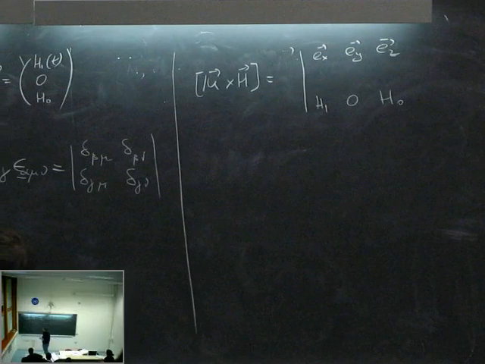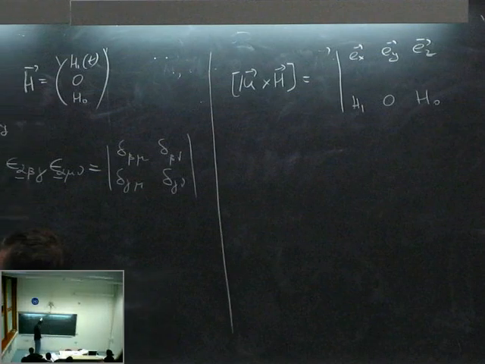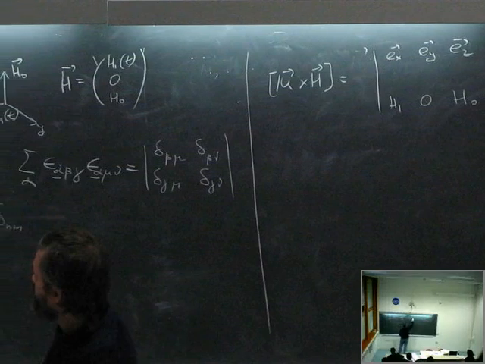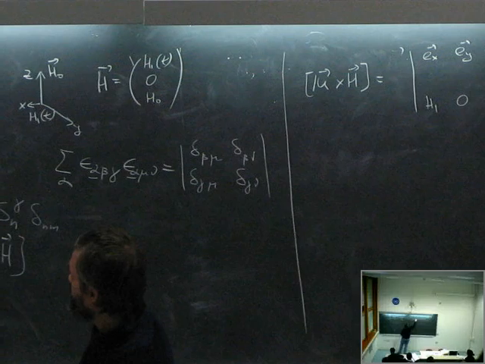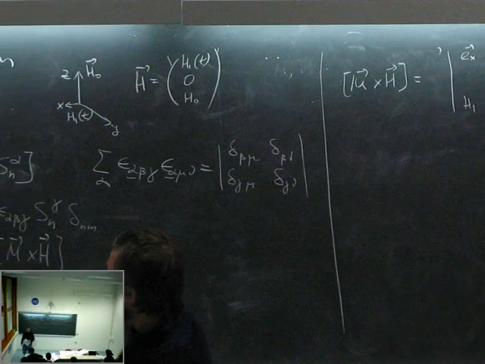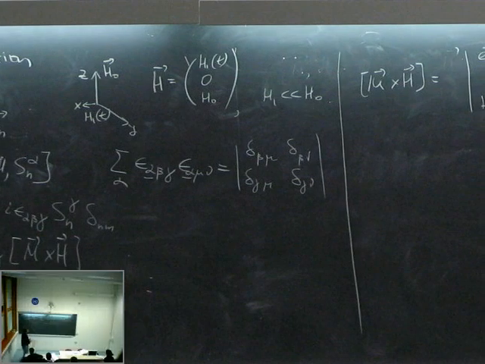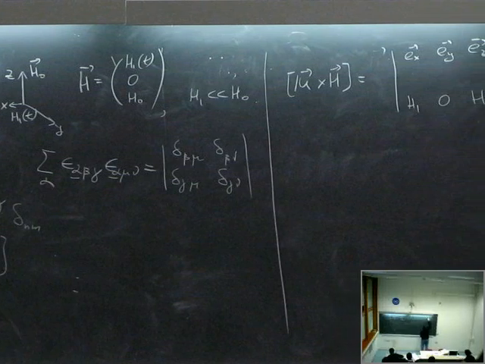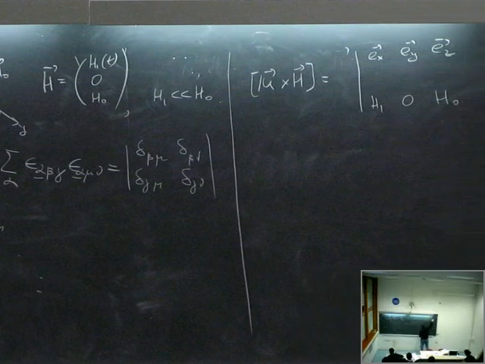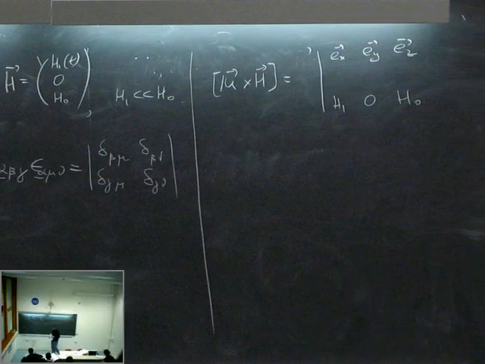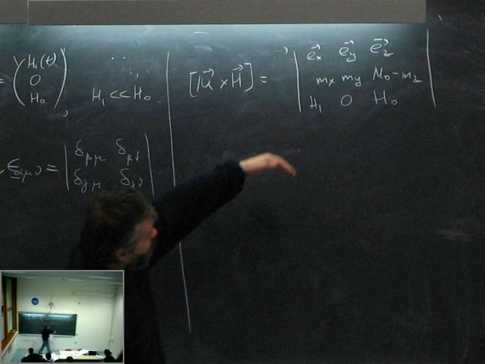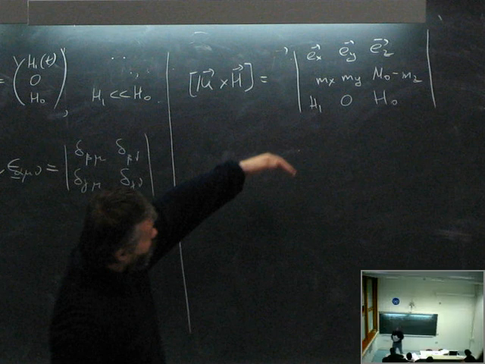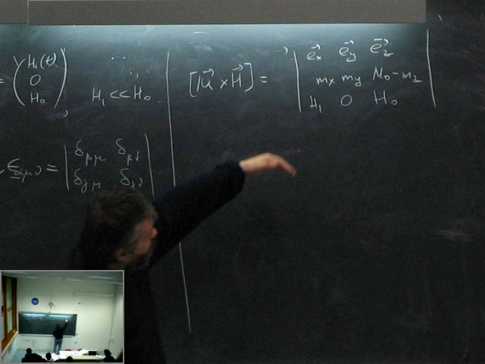And for magnetization, since there is a big component applied along z, and h1 is assumed to be much smaller than h0, I will also assume that there will be magnetization along z direction, slightly corrected by time-dependent addition. So mx, my and mz are functions of time, which I'm going to find by solving this equation.